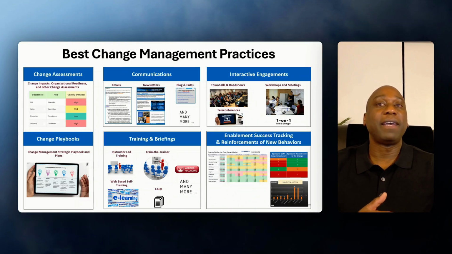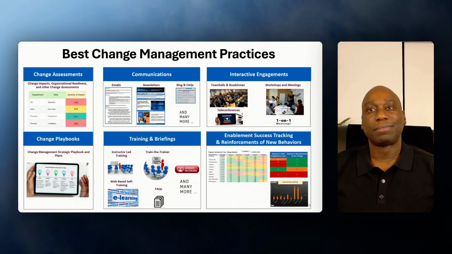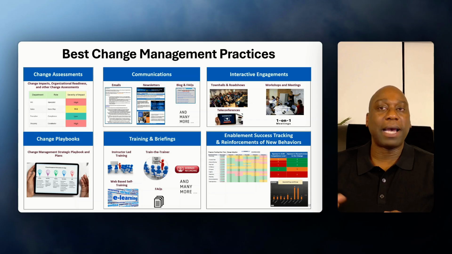You want to provide effective communication. You want to help champions understand how to identify and manage resistance. You want to provide them with communication templates, including some of the ones that we are providing to you. FAQs and feedback forms that they can use to gather feedback from the organization.